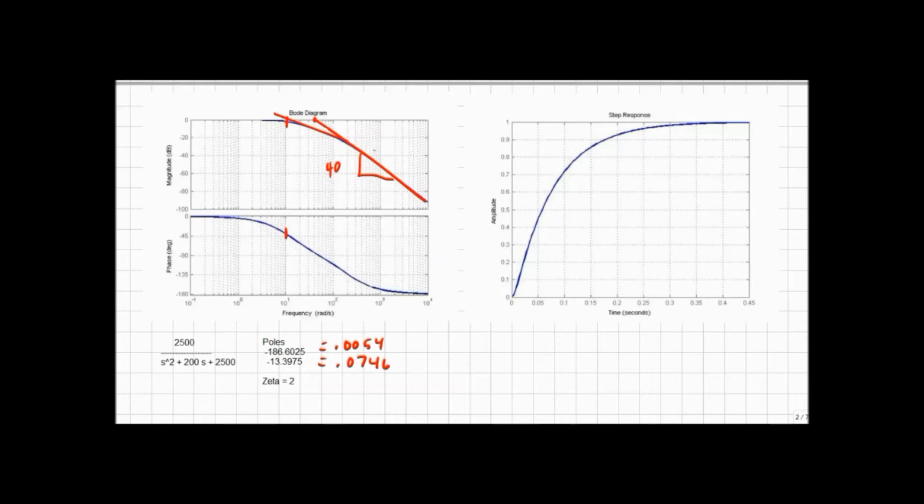And this is obviously much more than 3 dB, closer to 6 or 8. So we know there's something going on there, and I can draw the second line, something like this, and I get a pole somewhere around 10 to the first.